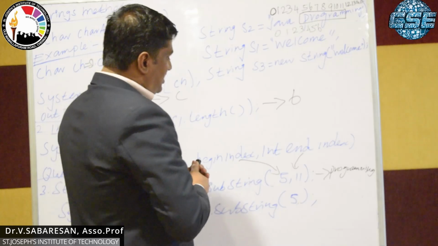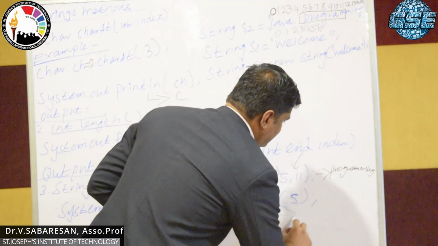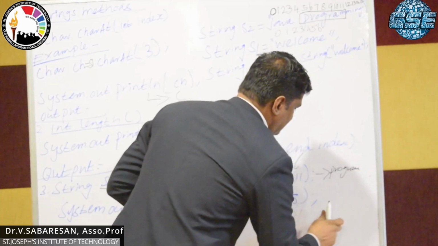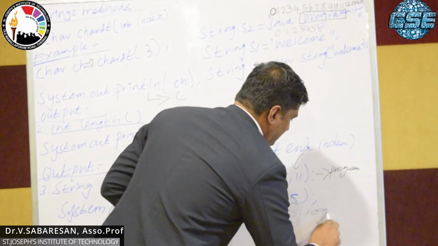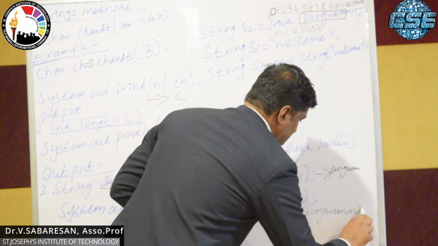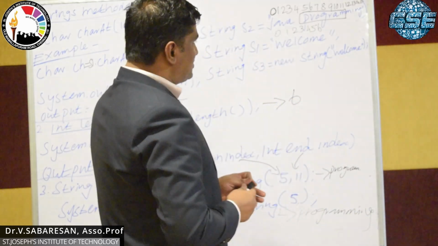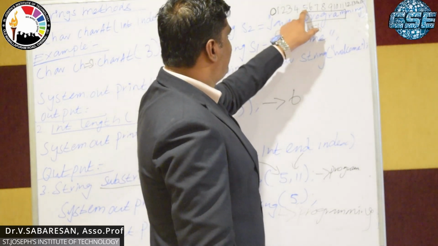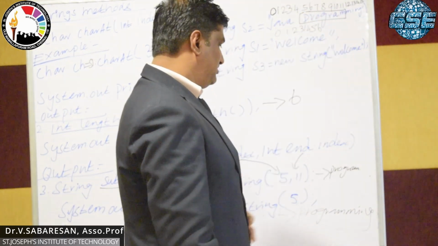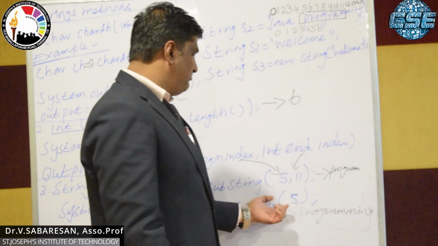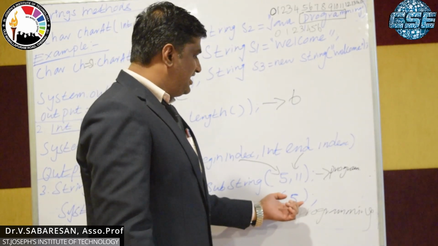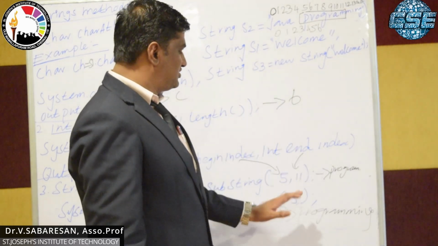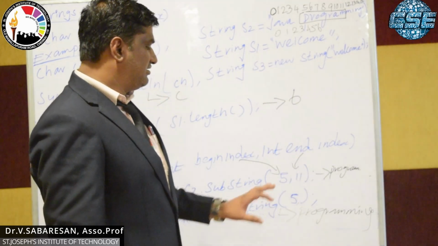Here it displays programming, because the earlier example mentioned starting at 5 and ending at 11, so it displayed the 5 to 11 substring. Here the ending index is nothing, you are not mentioning the ending index, so it displays the string completely to the end, starting with index 5.